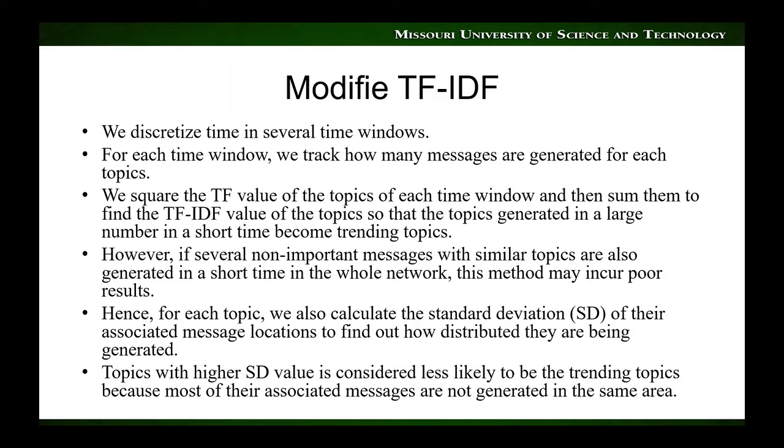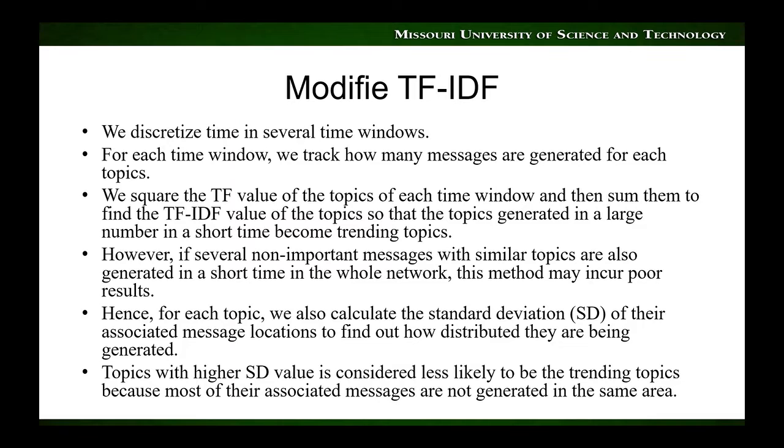But the problem is if several non-important messages with similar trending topics are generated in a short time in the network, then this method will not work. That's why we need to consider the area also. That's why we calculate the standard deviation of the topic's associated message locations to find out how distributed they are being generated.